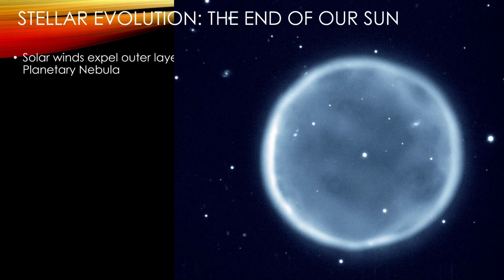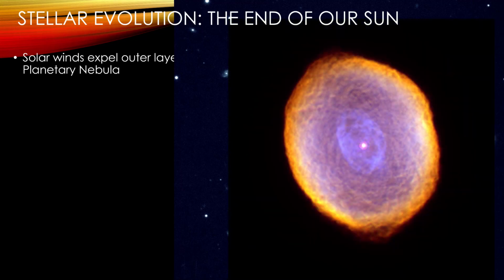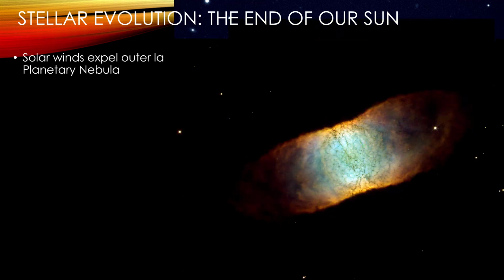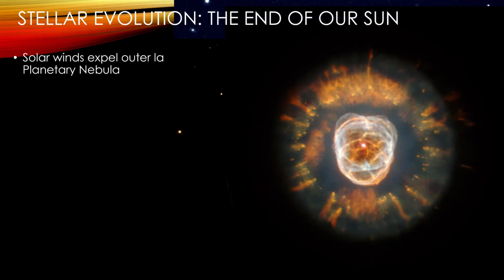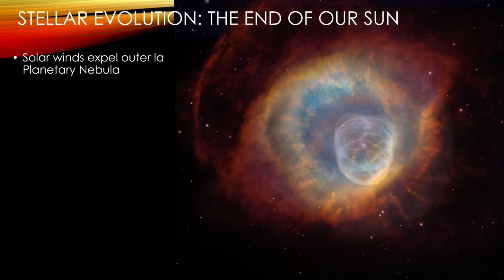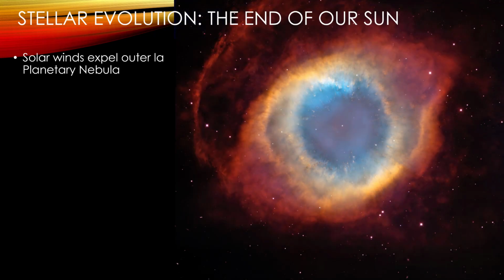Planetary nebulae do not have planets in them. They don't form planets. But they're some of the coolest things to look at. These are red giants throwing off their outer layers, and those outer layers making these very cool, intricate patterns, which are then illuminated by the hot remaining star.